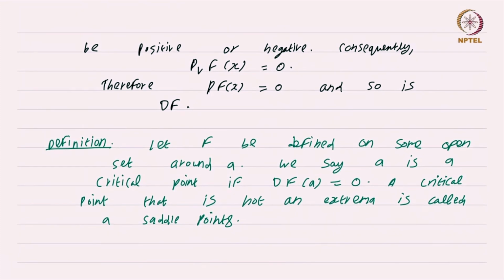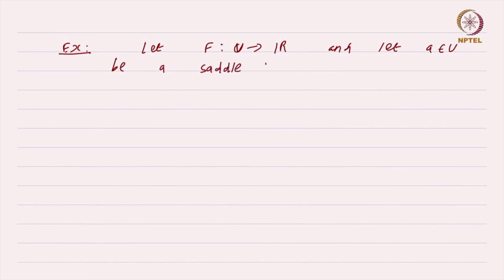Now how do you characterize these saddle points? Well, the next exercise that is left for you does it for you. It's rather a straightforward unwinding of the definition. Let f from some U to R, and let A in U be a saddle point. So this is a point which is neither a local maximum nor a local minimum.